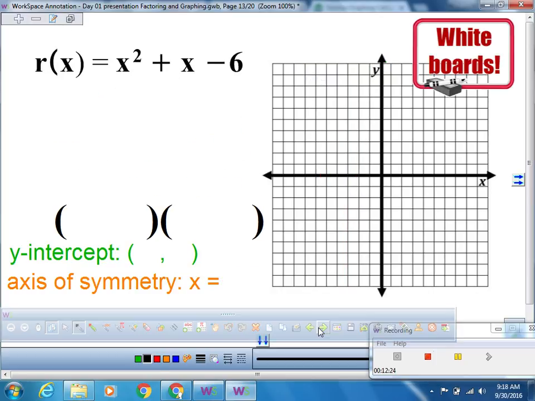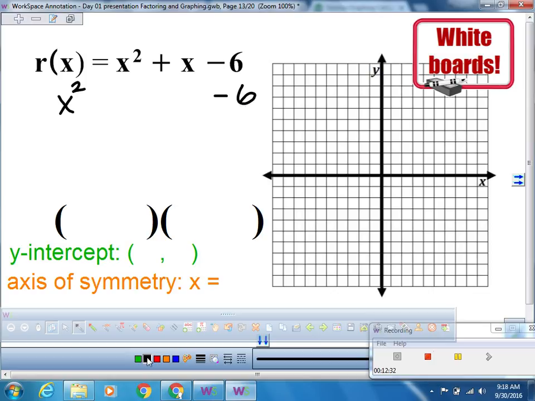So I've got my x squared, and I've got my negative 6. And how am I going to break up x so that it has factors of negative 6? Think of two numbers that make up negative 6 when you multiply them together. 3 and 2. 3 and 2 make 6, right?